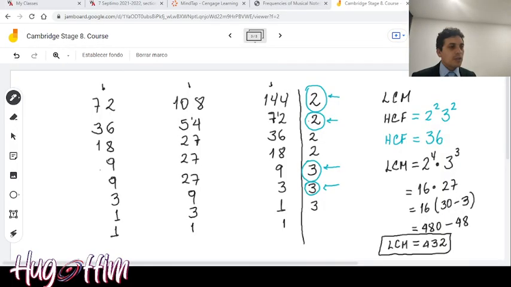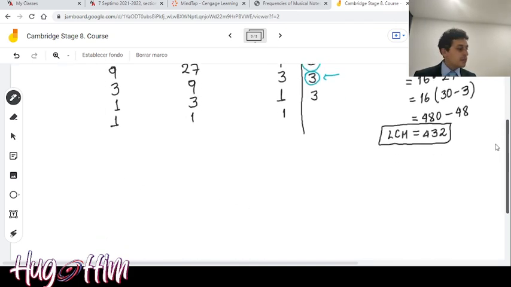So, just to sum up, remember that what we're doing here is taking the numbers and doing the prime factorization, circling the numbers that represent common factors to calculate the highest common factor, and at the end multiplying everything to get the lowest common multiple.